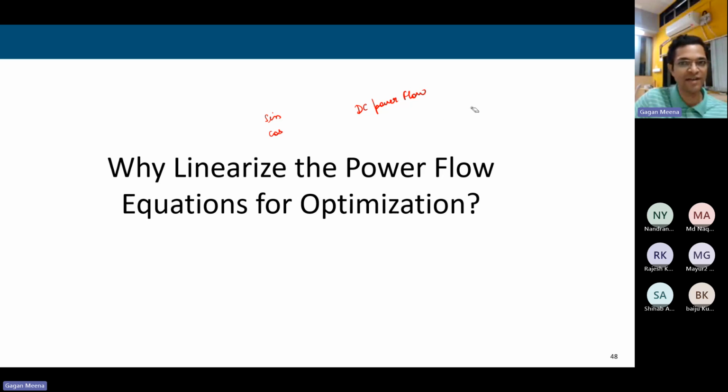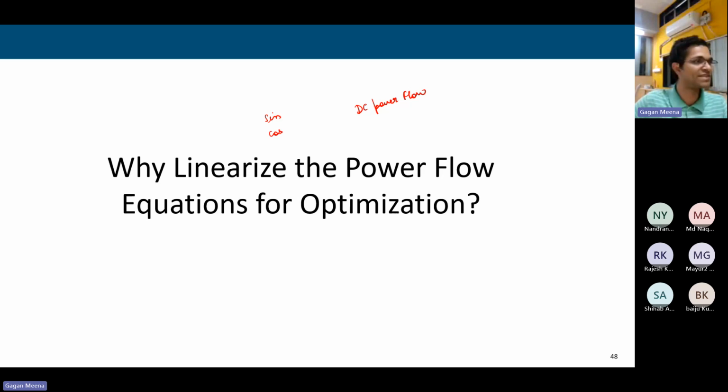In markets, because solving these nonlinear equations, we don't have a standard solver for those. It is highly sensitive to initial conditions also and takes a lot of time.